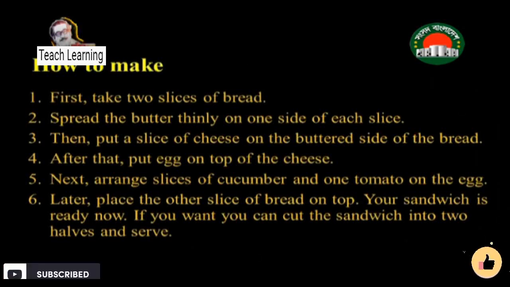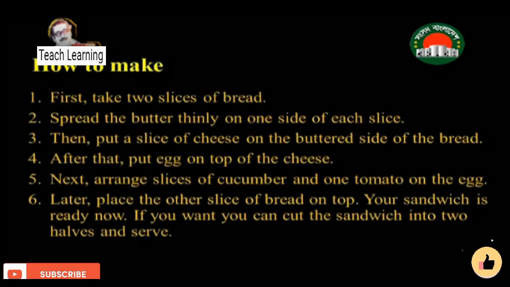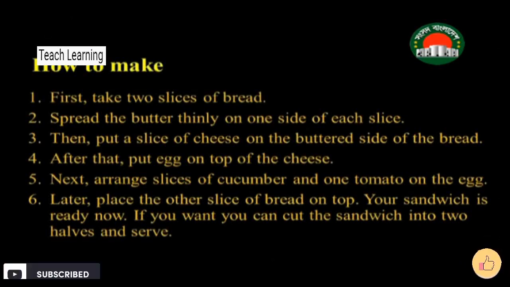Number 4, after that, put egg on top of the cheese. Number 5, next, arrange slices of cucumber and tomato on the egg. Number 6, later, place the other slice of bread on top.